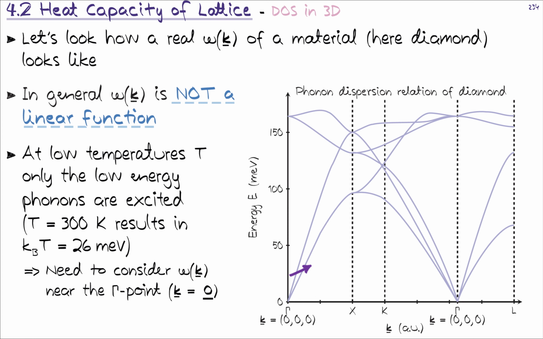So we only need to consider what happens here nearby. And of course, in a 3D case the dispersion relation does draw a conical surface, but nevertheless, here the curves do start looking like straight lines, and that can then be used to approximate things. So this is the kind of trick Debye was making.